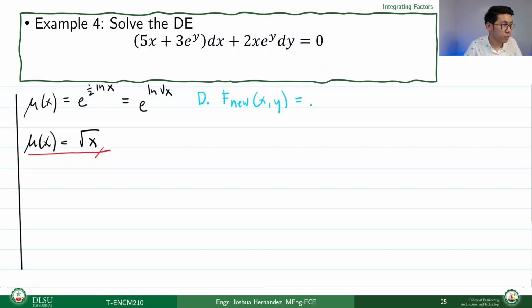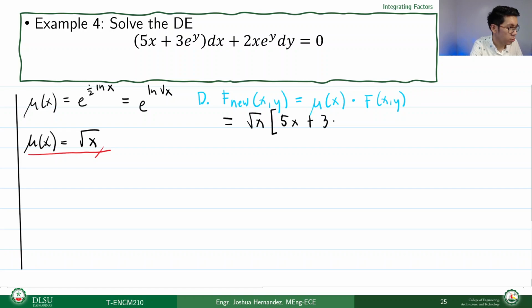That new function is found by multiplying mu of x to the original equation. So we multiply square root of x to the whole equation, which is 5x plus 3 e to the y, dx, plus 2x e to the y dy, equals 0. That's the whole equation.